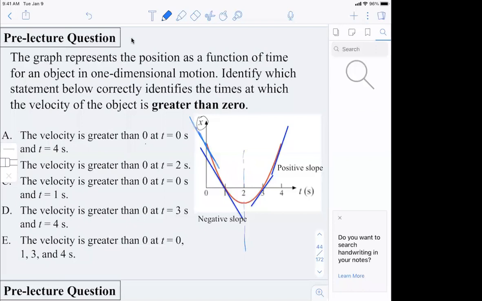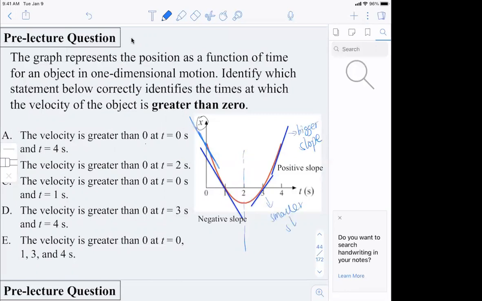And how steep the slope is tells you the magnitude of velocity, how fast the object is moving. The velocities at 3 and 4 are positive, and you can see that 3 is less steep than 4. 4 is much steeper; here you have a bigger slope than at 3, where you have a smaller slope.